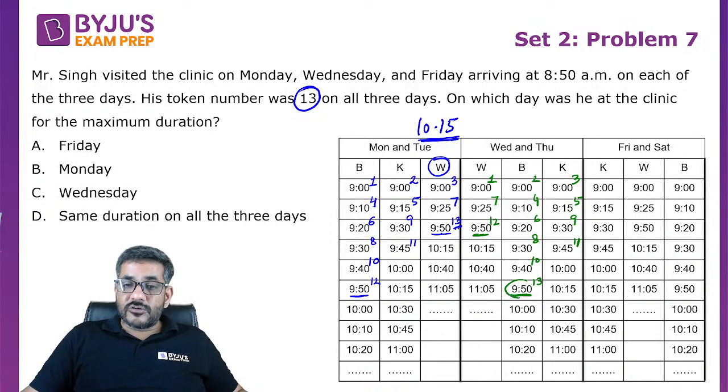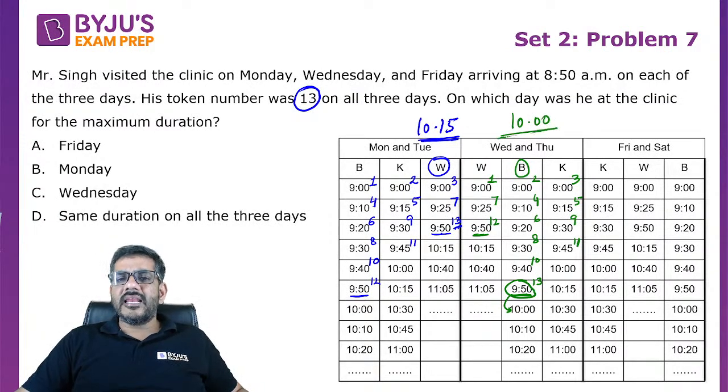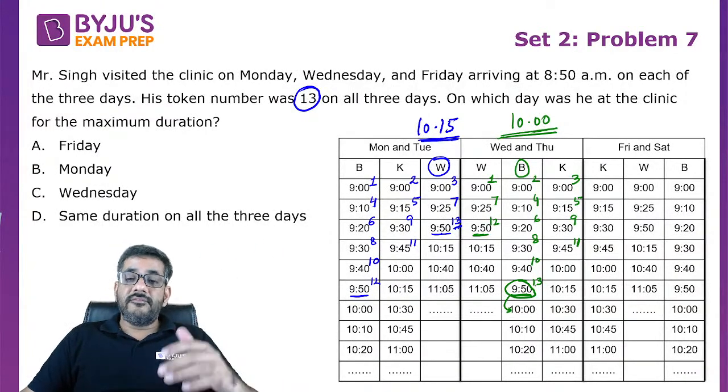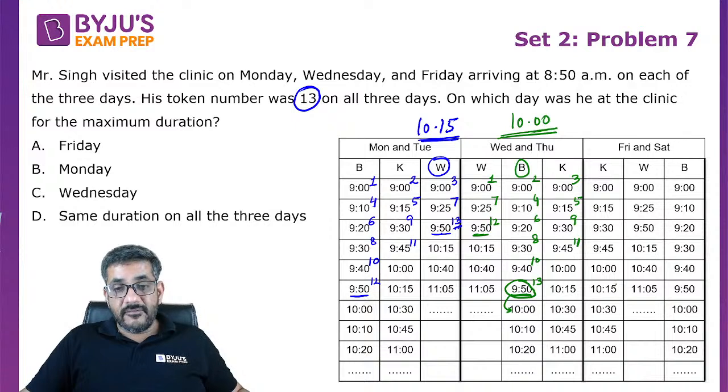So today he'll go to this place and he'll be free by 10 o'clock because the doctor he visited was Dr. Ben. He takes only 10 minutes. So today he's going to be free at exactly 10 o'clock. And can I say I need not check this because again he would be entering at 9:50. But if he goes to any other doctor, he would be either free at 10:15 or he would be free at what time?